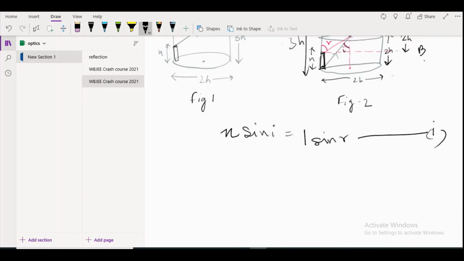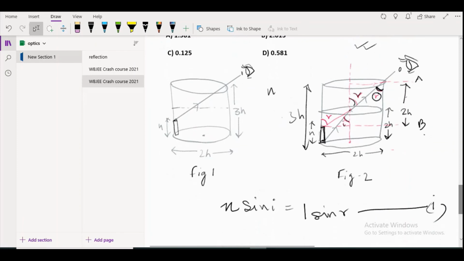Now we have to find tan R. We have to find the angle of refraction. So we have to find tan R. By looking at the diagram, you can easily say how to find tan R. See, this is R, this is R too, right? So from the triangle PQR, we can easily find tan R, which is 2h by 2h, perpendicular by base.